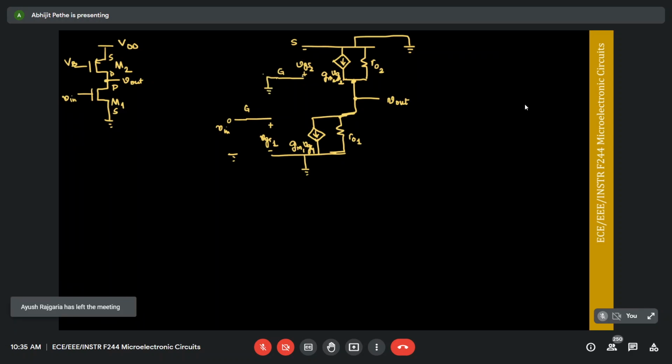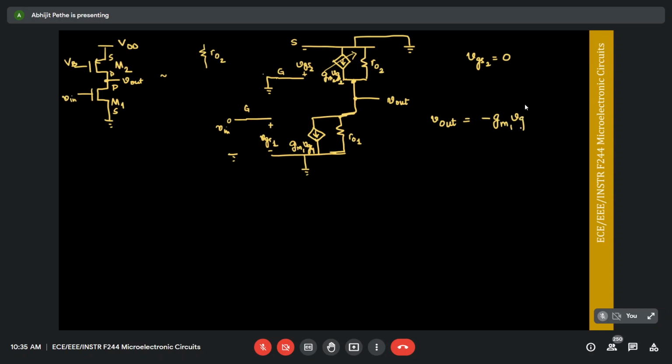So if you look at M2, vgs2 is equal to 0. Because vgs2 is equal to 0, this PMOS current source disappears. So what does this look like? This circuit essentially looks like you have connected a resistor ro2 to M1. It looks like I've just replaced the RD with an ro2. Now if I look at Vout, I can write Vout as minus gm1 vgs1.